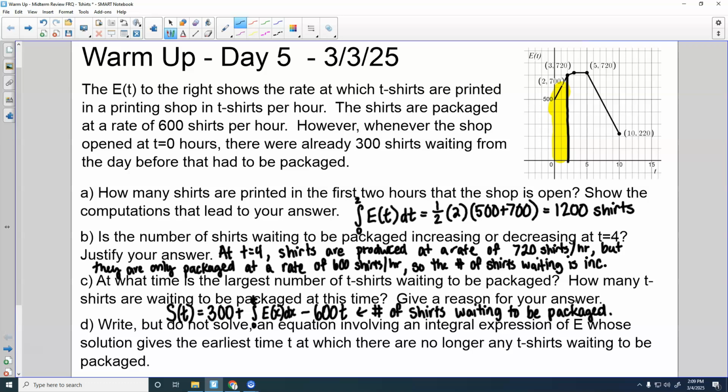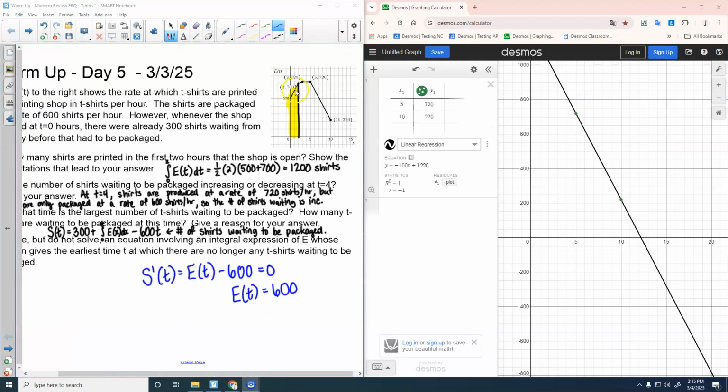The derivative of this equation, not this equation, right? This is the number of shirts. We need the derivative of this equation. So I'm going to stop going over it right here for a second and let you guys try to run with that. Because I think E equals 600, which on this graph is right there, is pretty close to 6, but it's not exactly 6.